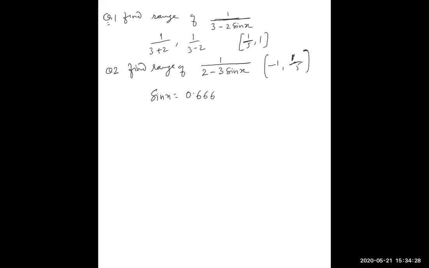Suppose this is a possible value of sin x. Then 3 sin x will be multiplied by 3, so this will be 1.998.